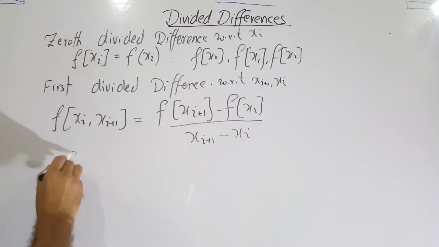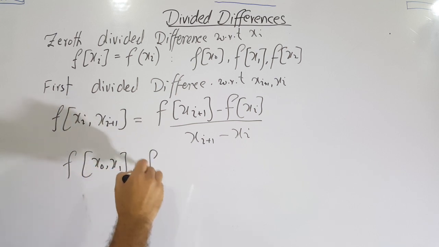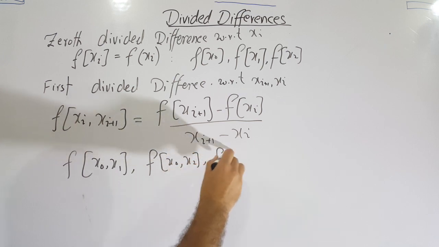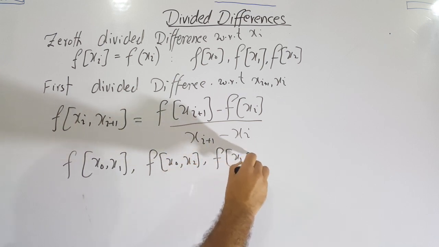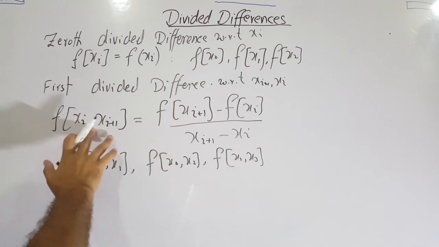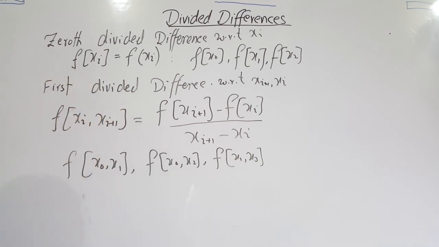So it means we can find out x0, x1, we can find out x0, x2, we can find out x1, x3, any 2 points, and so on. Similarly, we can find out the second divided difference, third divided difference, and so on.